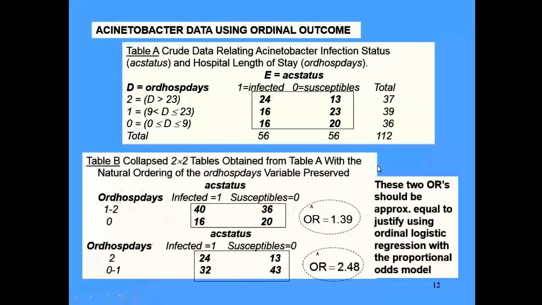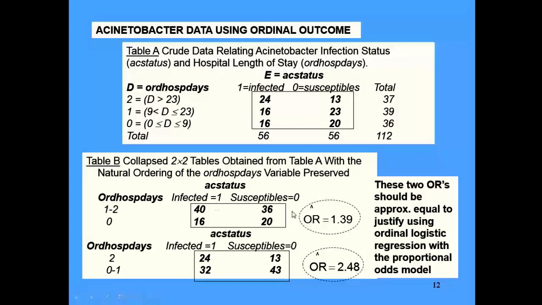Look at this slide, the last thing I'm going to do. I've taken this table and divided it into 2 subtables, in a weird way. How did I get this table from this table? It says 40 and 36.